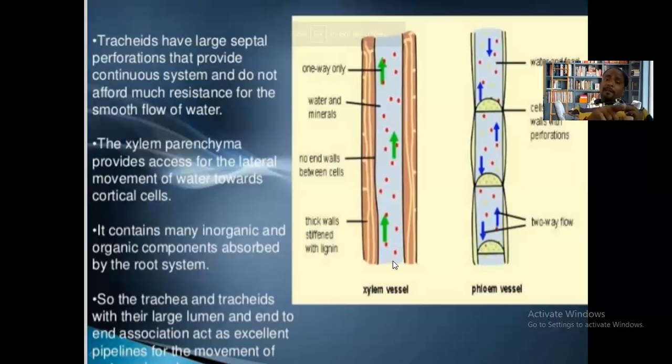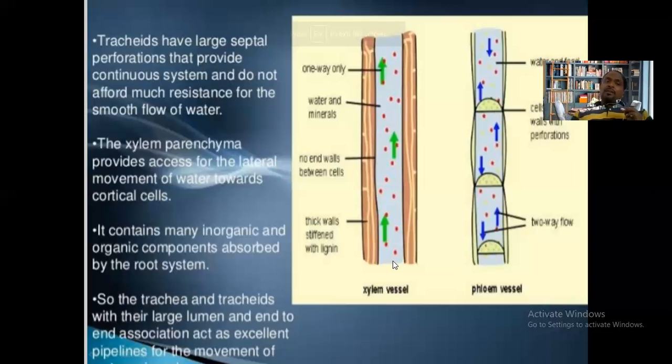Xylem tracheids have perforations in the lateral wall, and the xylem parenchyma, as I told you, is a living cell and it provides access for the lateral movement of the water. That is, it will transport the water toward the cortical cells, to the cortex.